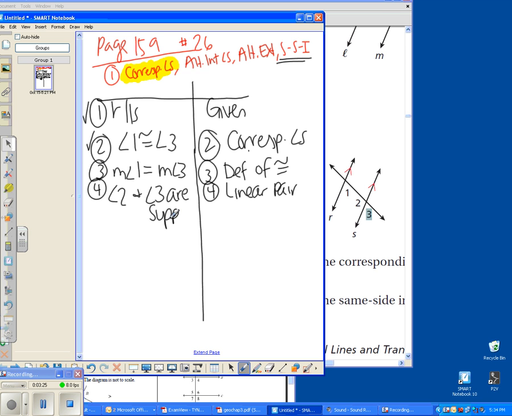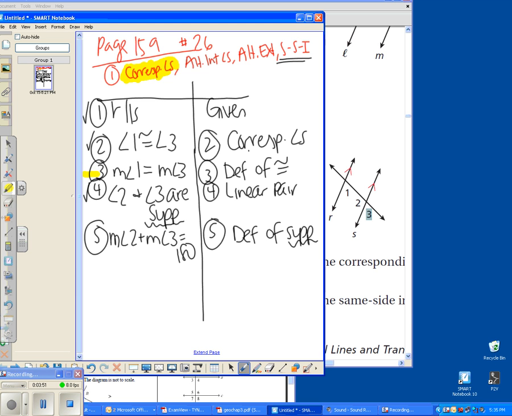Then since they're supplementary, that means that they've got to add up to equal 180 degrees. And what's the reasoning for that? Well, that's definition of supplementary. That's what the word supplementary means. So cool, we have a linear pair. They're supplementary. That means they add up to be 180 degrees. Now I've introduced that 180 degrees into my story. Okay, so I've used this one.